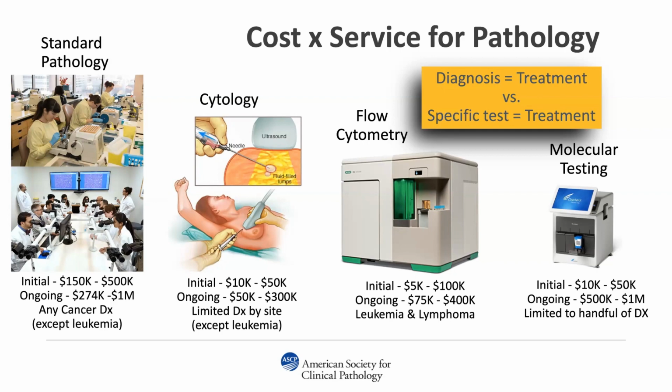But the vast majority of the testing we do in standard pathology is not; it's just giving a diagnosis and then we're going to treat on that. On the molecular side, we're going to do a specific test like a KRAS or an EGFR mutation, and that's going to dictate a specific treatment for a patient. And so you can't just do molecular testing in a vacuum, right? You really need standard histology in order for you to have molecular testing that makes sense for your patient population.